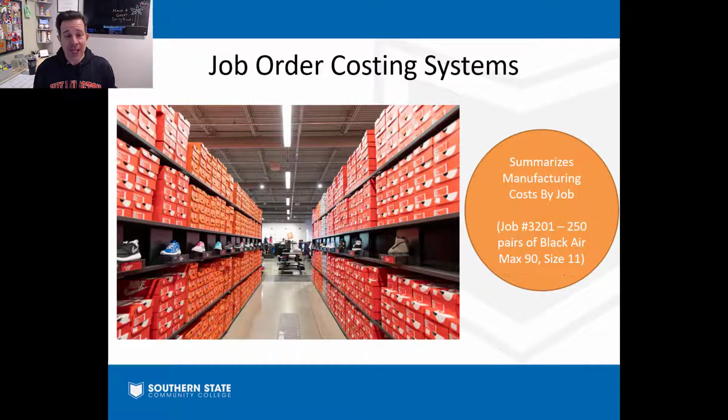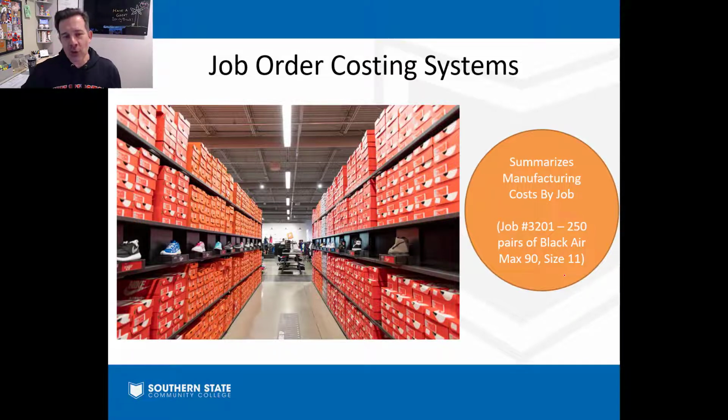And again, we can apply it to a service firm as well. For a CPA doing taxes, every individual tax return is a job. A construction firm, every house they build is a separate job. So again, we're building things, making things, providing services by job here.